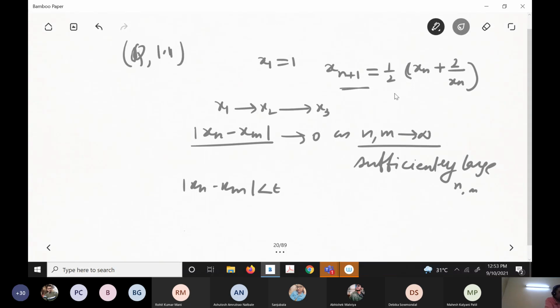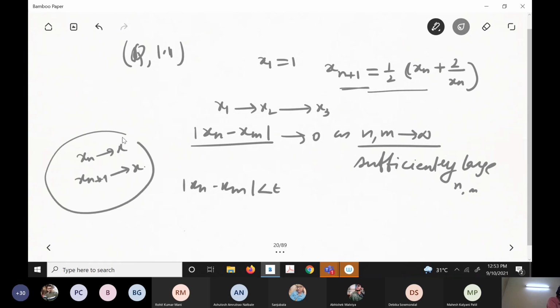Now look where it will converge. The trick is that if it converges to x, then x_{n+1} also goes to x, by the definition of convergence. So if you take the limit here, then this will be x. Suppose it converges: x equals half of x plus 2 by x.